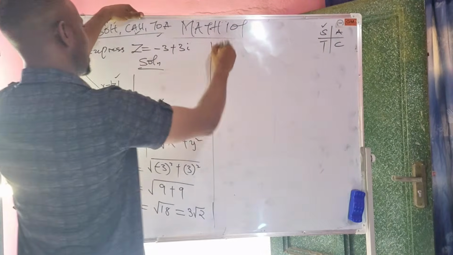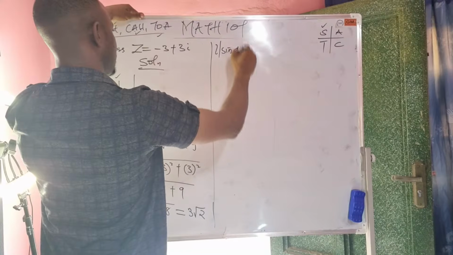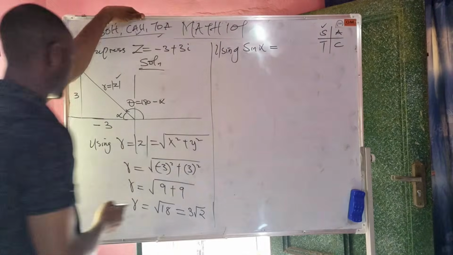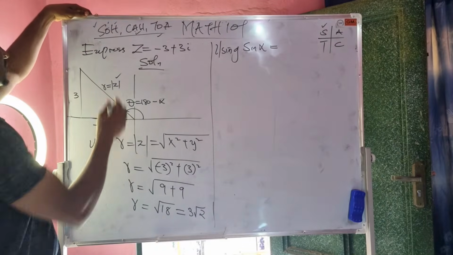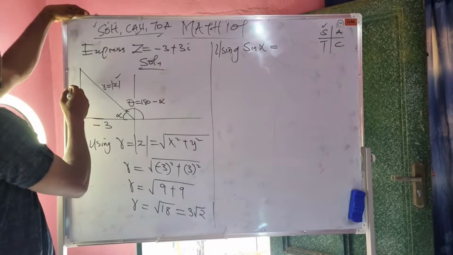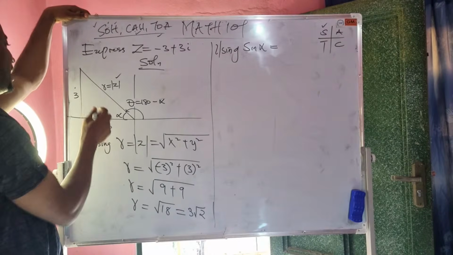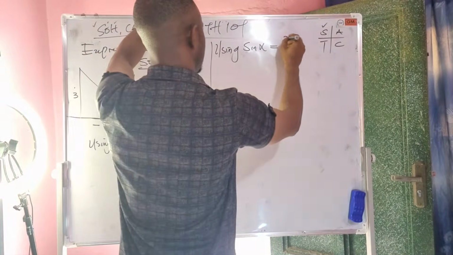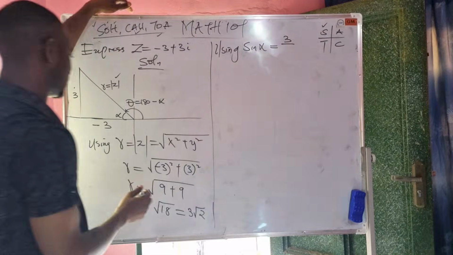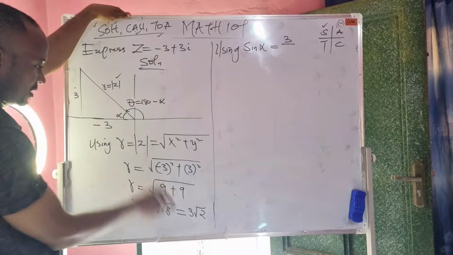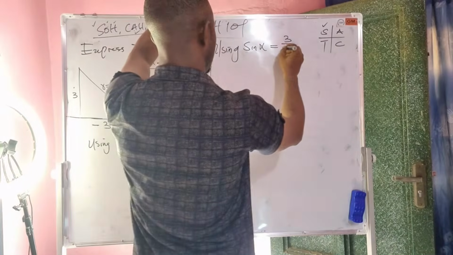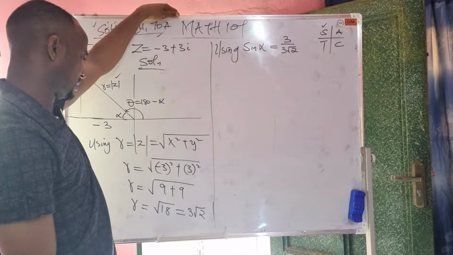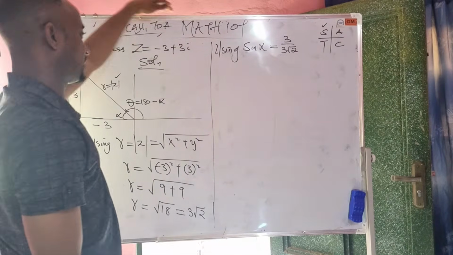Using sine alpha, which is opposite over hypotenuse. What's the opposite here? It is 3. What's the hypotenuse? It is 3 root 2.